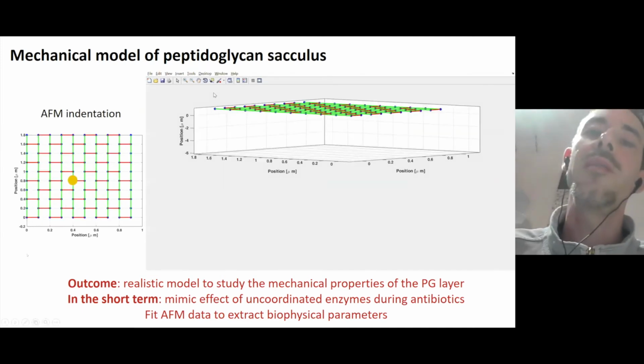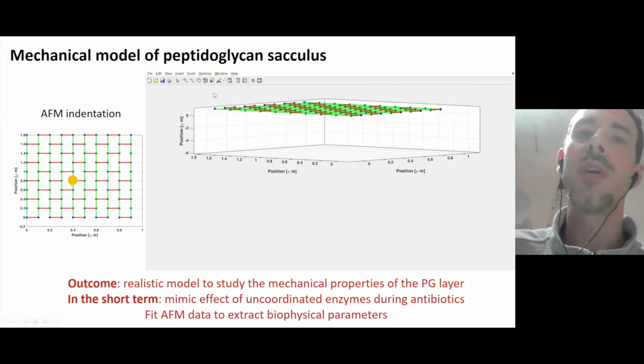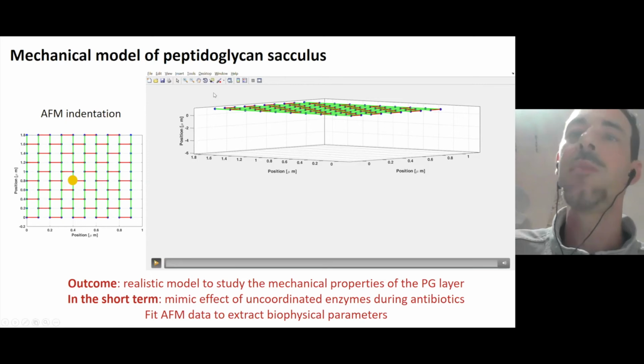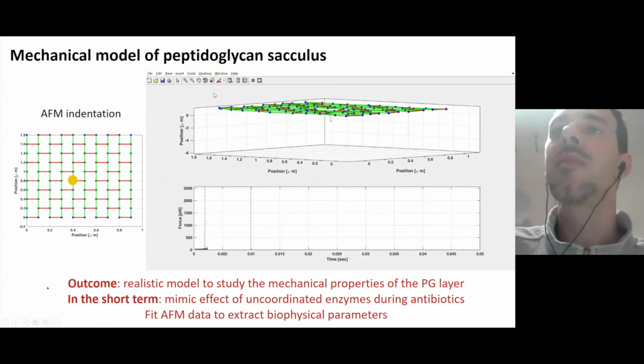In this case, we are analyzing the action of the AFM indentation. So we take again a patch that is well ordered, and we push on the yellow point with an AFM tip. You will see the bead that goes down due to the action of the AFM tip.